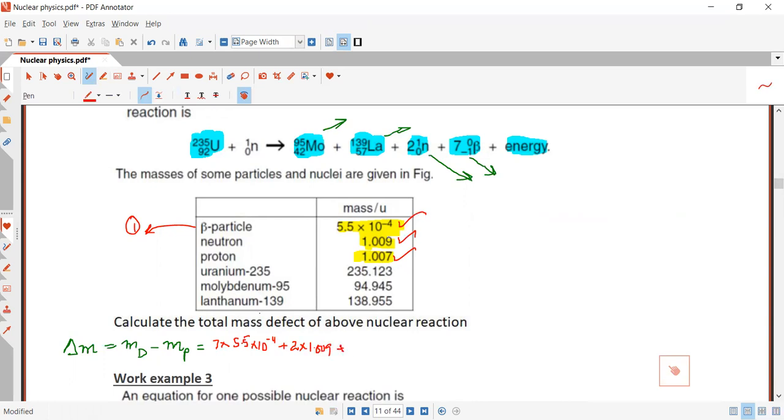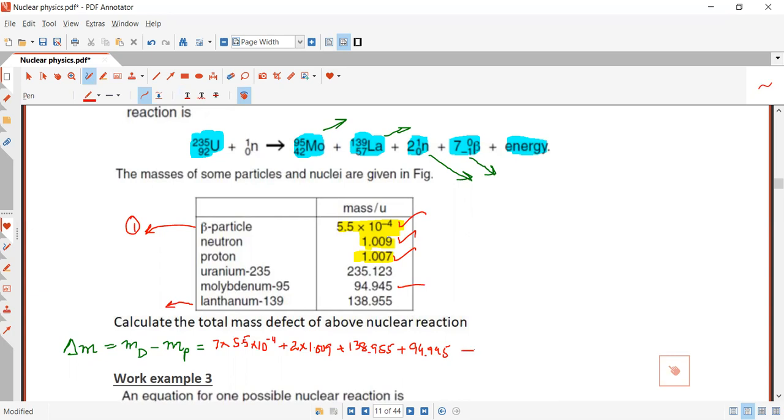Plus lanthanum. Lanthanum nucleus is given in the last entry of the table, so its mass is 138.955, right? And then plus the mass of the molybdenum nucleus, which is the second last entry here, 94.945. So this is the whole mass of the daughter nuclei.